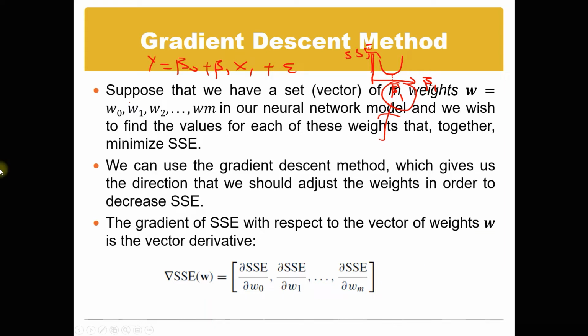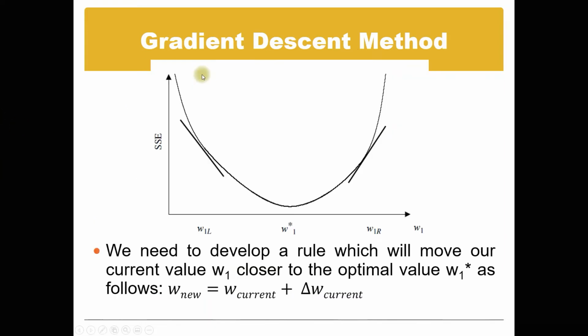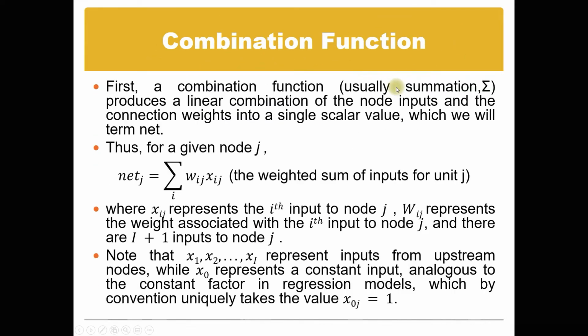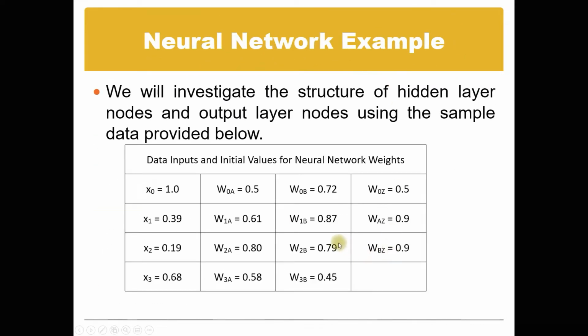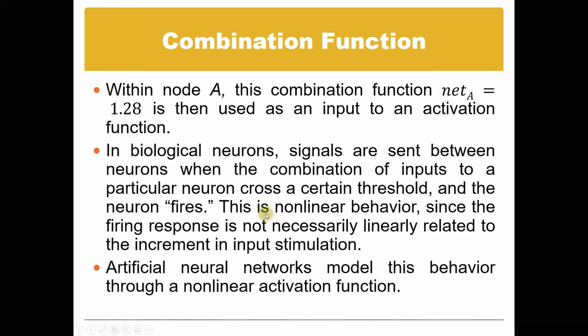And the gradient descent method is going to be something like that. Let's suppose you have a certain weight, like in our case, you have a weight of 0.61. Let's suppose you want to update that weight, only that weight. If you want to update that weight, what do we want to do?